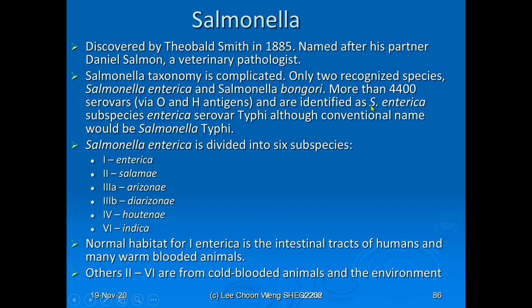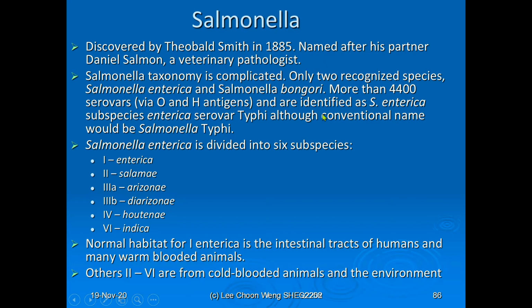Salmonella enterica, subspecies enterica, serovar Typhi, is the actual name for the conventional Salmonella typhi. If you look at the typesetting here, only the genus is italicized, whereas Typhi is not. This is only acceptable for Salmonella.